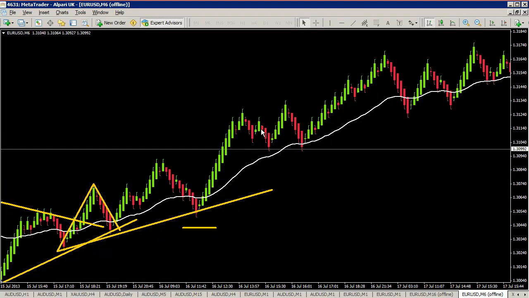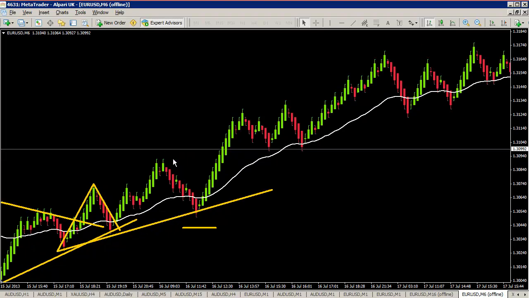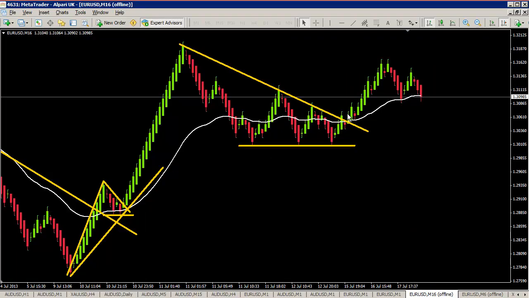And at some point, after taking out the second lot, you manage your remaining position on what? On the M16 chart, because this you want to turn into a swing trade, right? You use the M6 to enter, but you actually think in terms of swing trading.